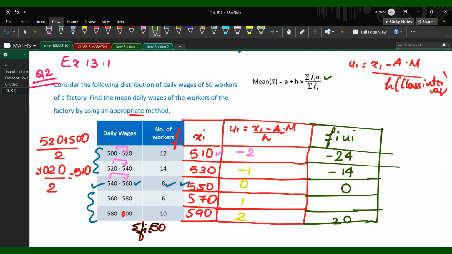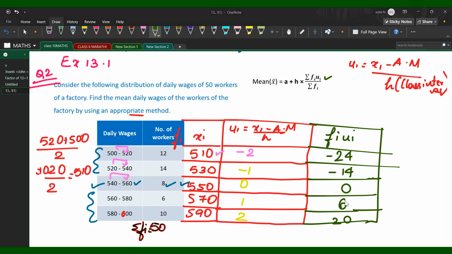Correct? Now we will do the sum of f_i u_i. Minus 24 minus 14 is minus 38. Then minus 38 plus 6 will give you minus 32. Plus 20 will give you minus 12.